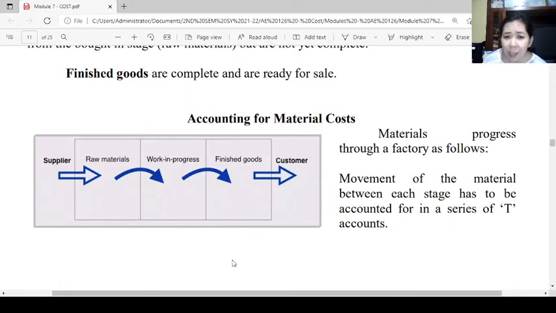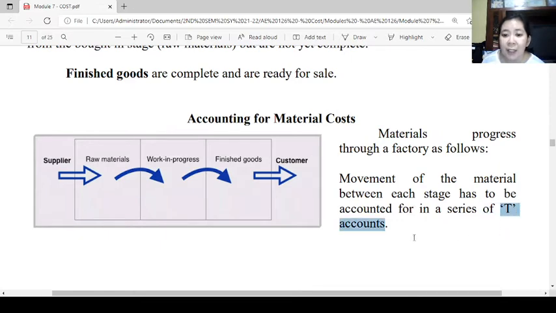For accounting of materials cost, usually we follow the process and the movement between each stage. We will account for it using our T accounts.